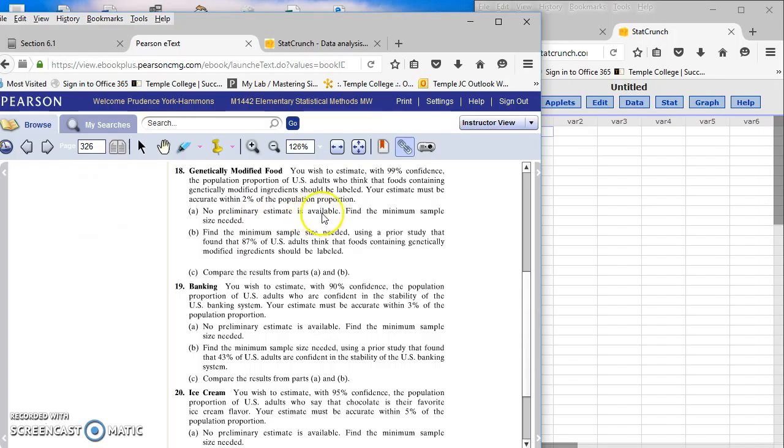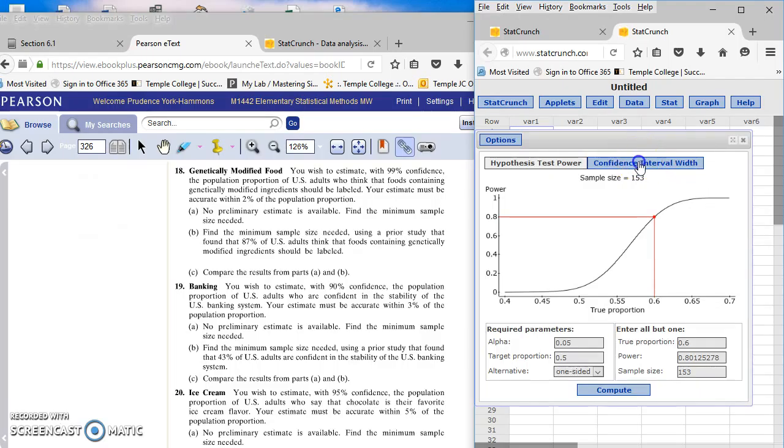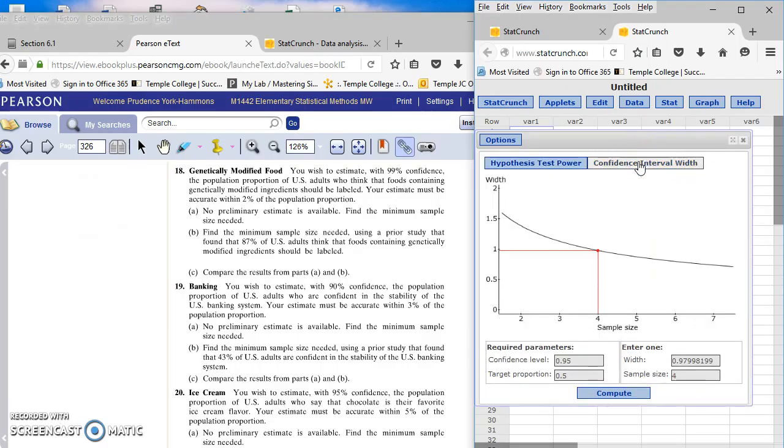When there's no preliminary estimate available, we use 0.50 as our p-hat value. So if we go to Stat, go to Proportion Stats, One Sample, do you see there's a power/sample size? We're trying to find the minimum sample size, so that's the command we need. We want it to be for the confidence interval width.